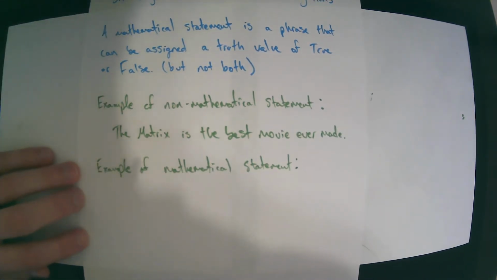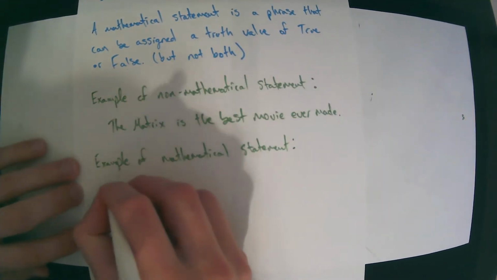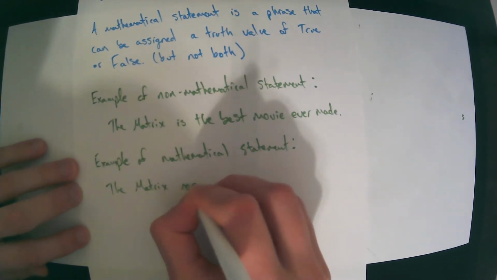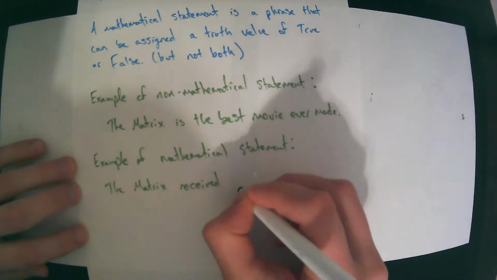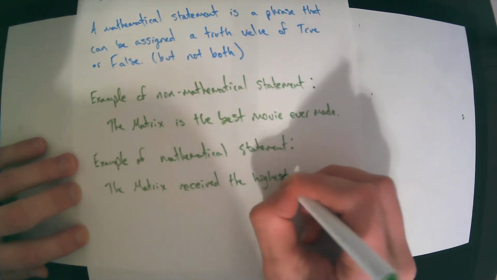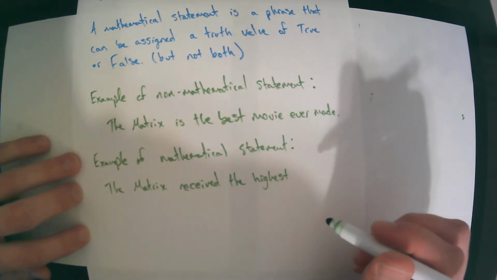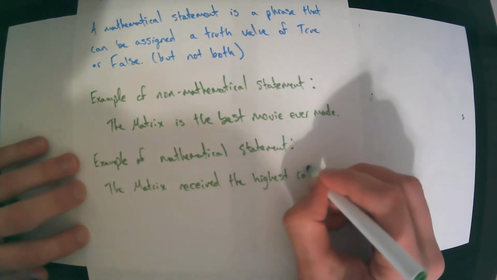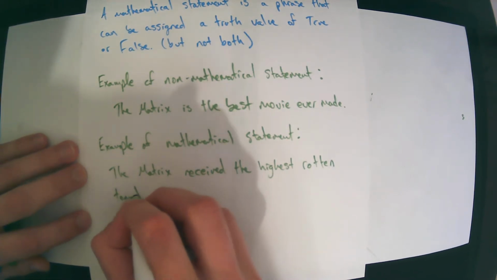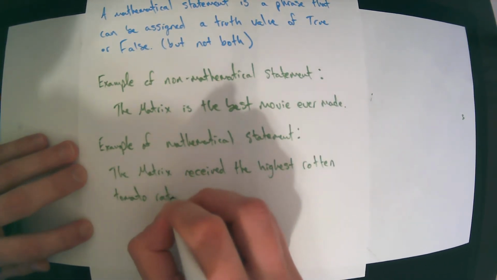What if I said The Matrix received the highest Rotten Tomatoes rating? So Rotten Tomatoes is a rating scale for movies.